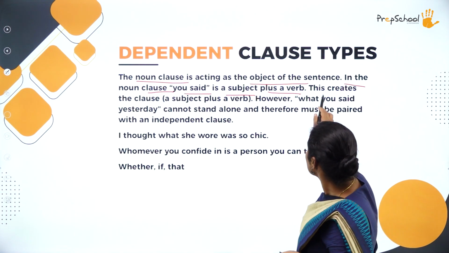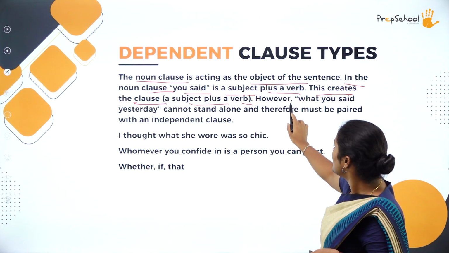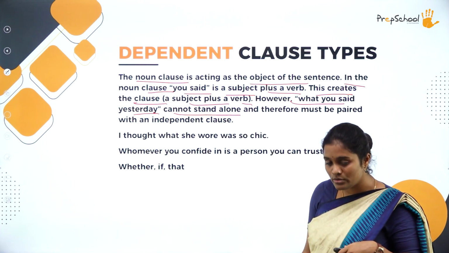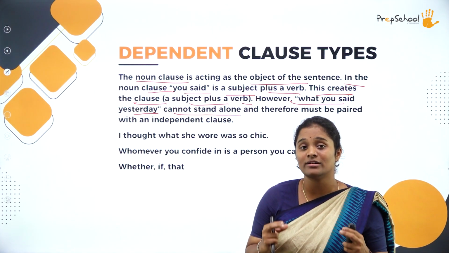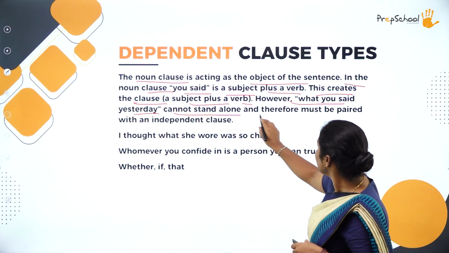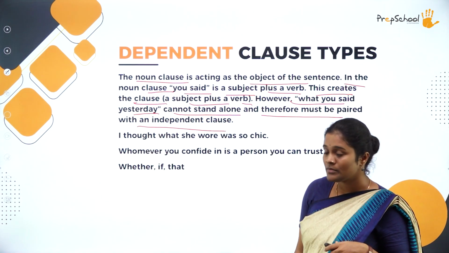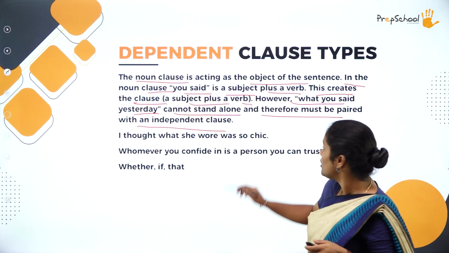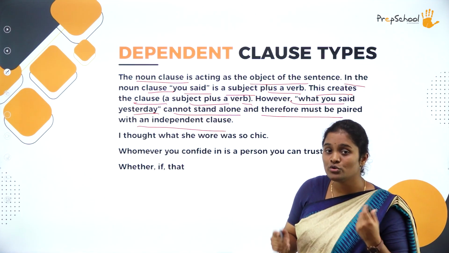Moving forward, this creates the clause, a subject plus a verb. However, what you said yesterday cannot stand alone. Exactly, this is what I was trying to tell you. What you said yesterday cannot stand alone. It is a dependent clause and therefore must be paired with an independent clause. So let's go through it again. The noun clause is acting as the object of the sentence. In the noun clause, you said. You said is both what?